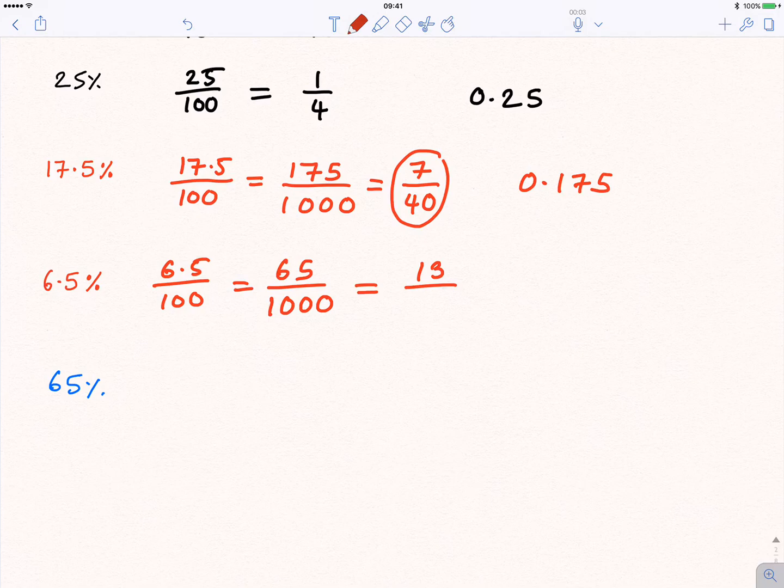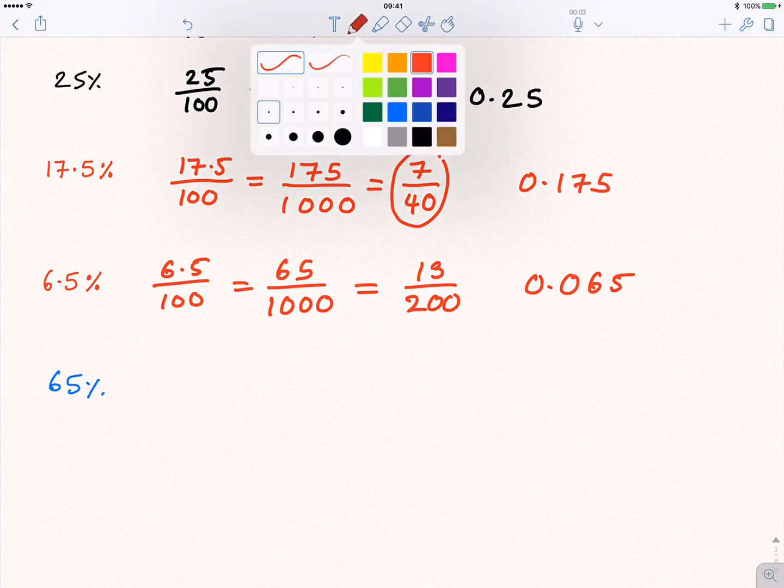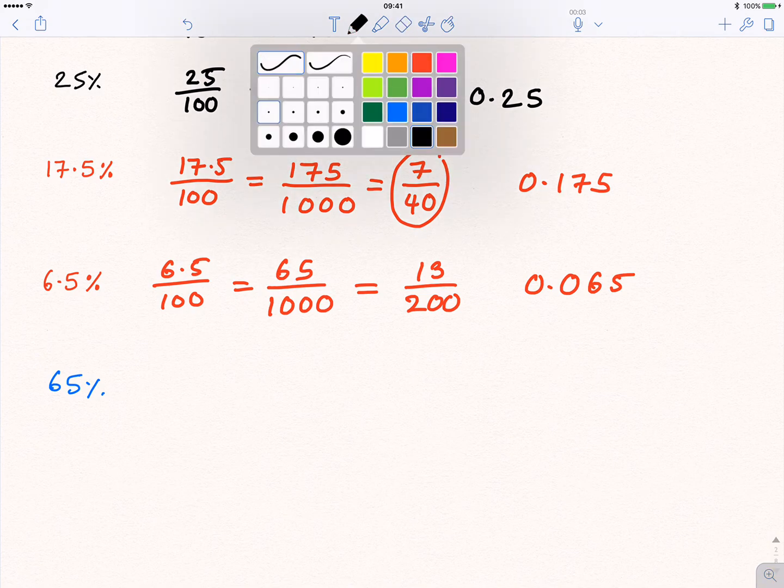Now, 1000 divided by 5. Well, in 100 there are 20 5s, so that's 20 times 10, that's 200. Now, I can't simplify this any further. So 6.5% is 13/200, and as a decimal will be 0.065. So again, I made a mistake there. I do apologize.